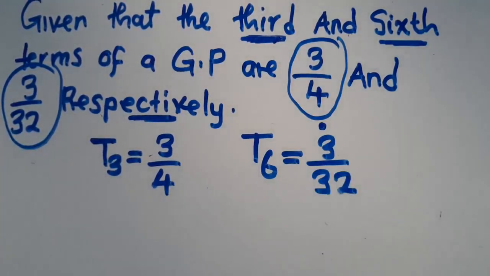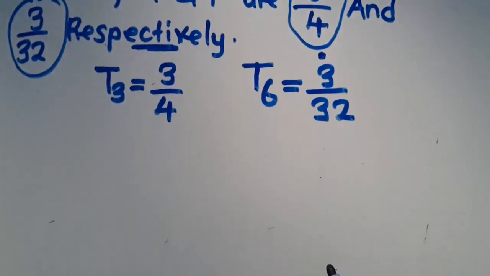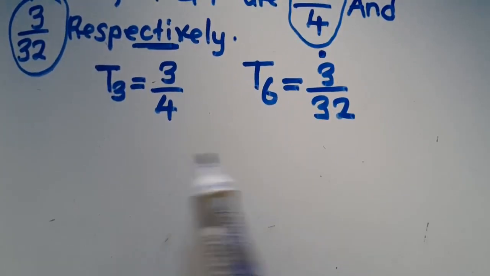You want to find the first term and the common ratio. So what are you supposed to do? You are going to use the data which is here to answer this particular question.